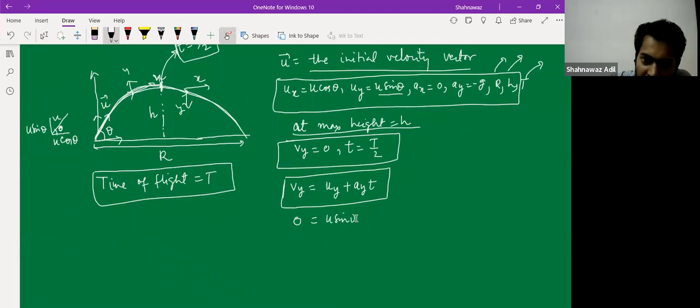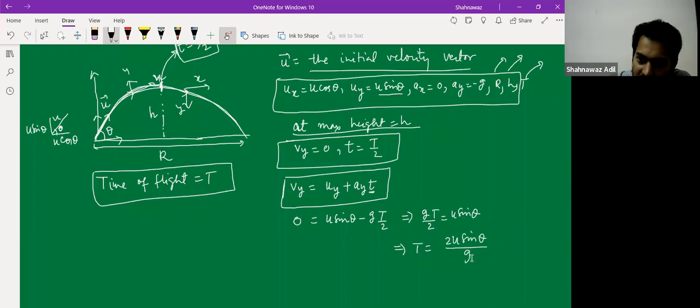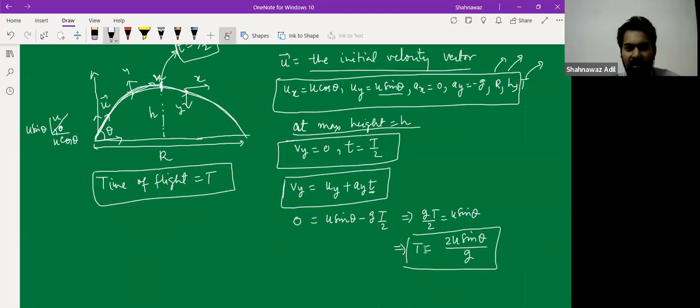And ay is minus g, and t is t by 2. So you get g t by 2 equals u sine theta. So your T will be 2u sine theta by g. So this is the time of flight. Okay, understood?